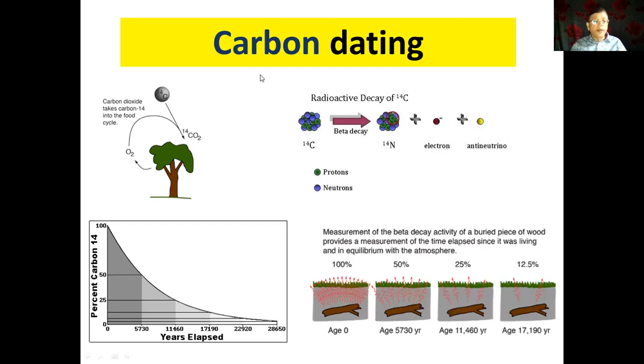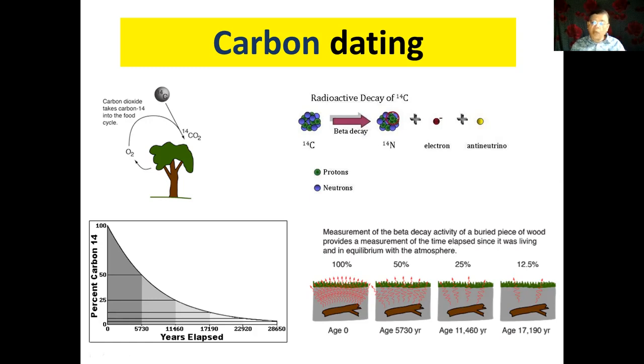If you look here, carbon dating: we take oxygen from the atmosphere and we respire out carbon dioxide. Plants take carbon dioxide from the atmosphere and give up oxygen. Now, the carbon in that carbon dioxide is of two specific isotopes.